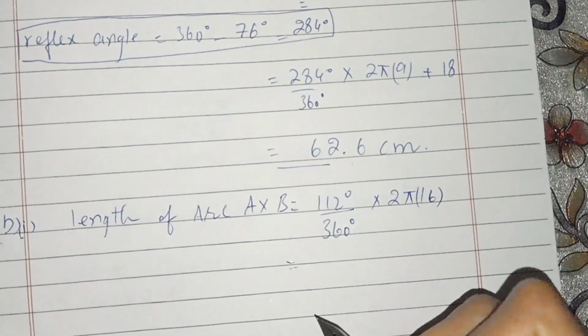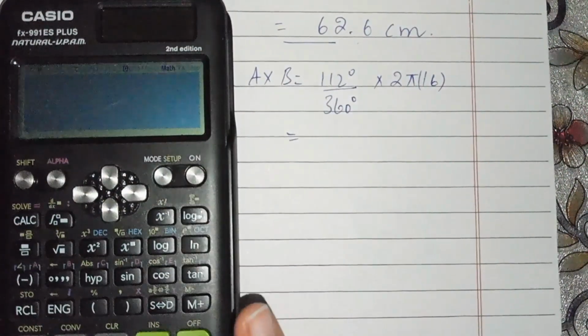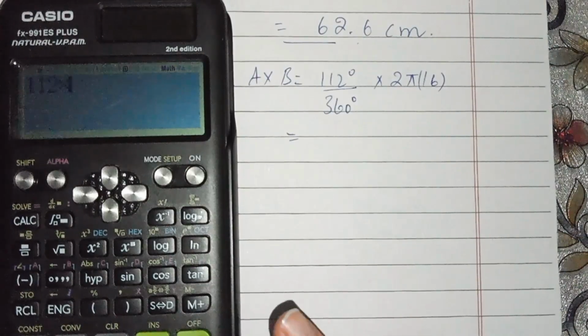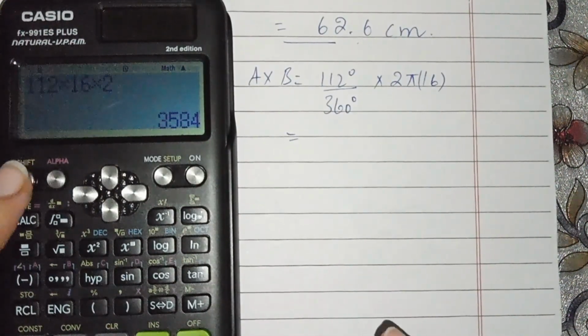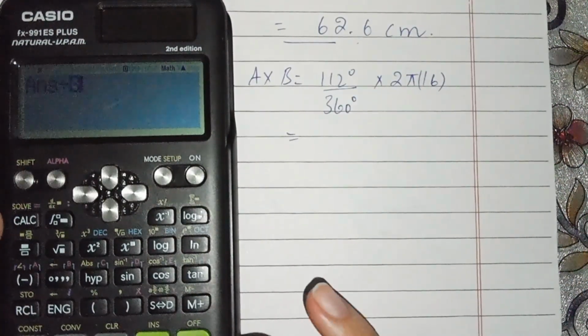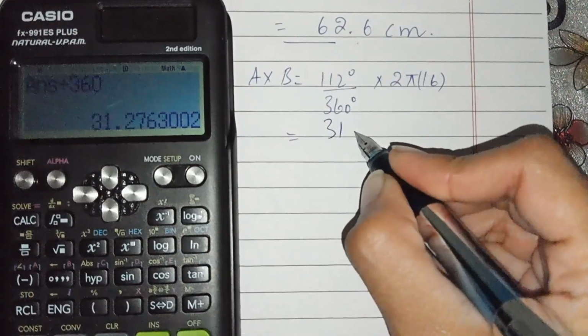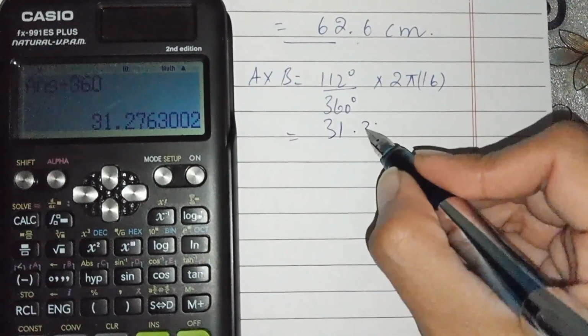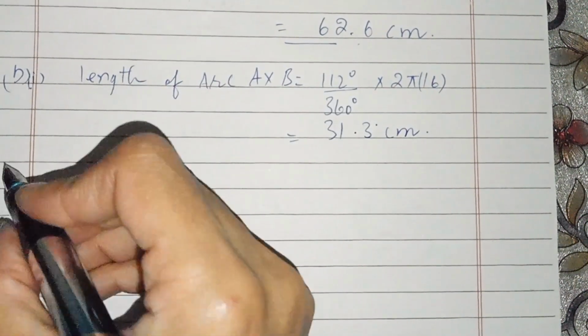Now we have to solve it. 112 multiply by 16 multiply by 2 and the answer divided by 360 and we get 31.3 centimeter. Now students, this is the answer of part number 1.